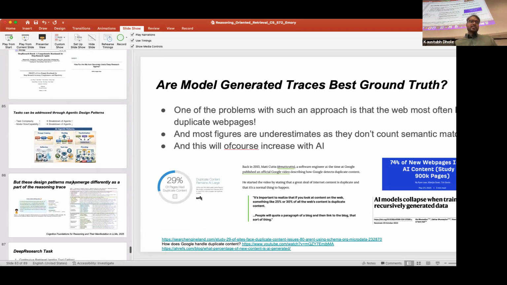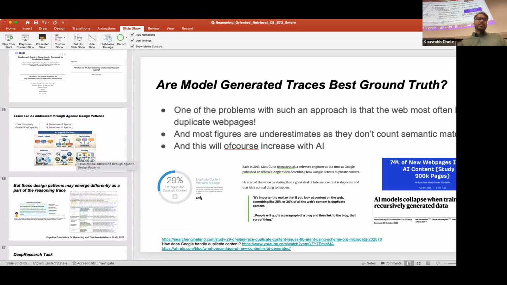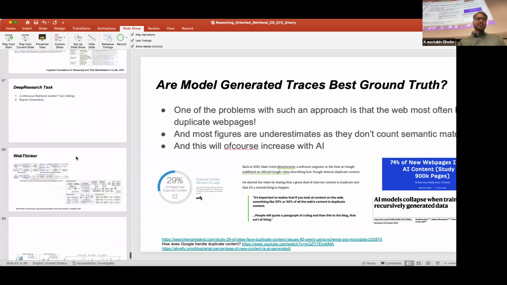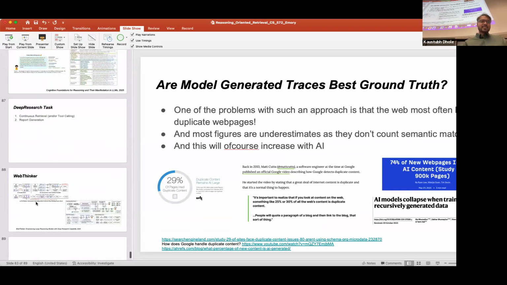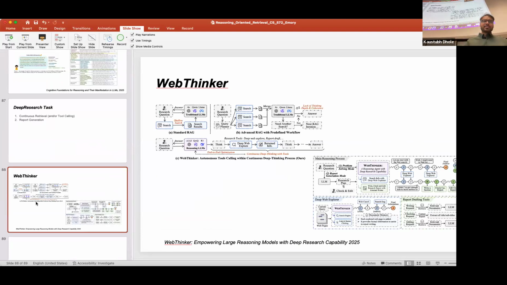The subsequent slides which I had were for agentic design patterns and for deep research agents. There have been multiple approaches where people attempted to design these multi-agent systems, either by writing prompts in different ways to build a deep research system, or by training it using an algorithm like GRPO.